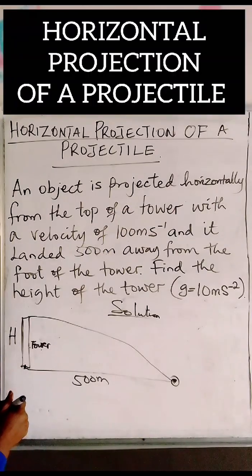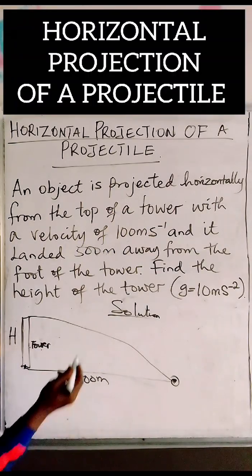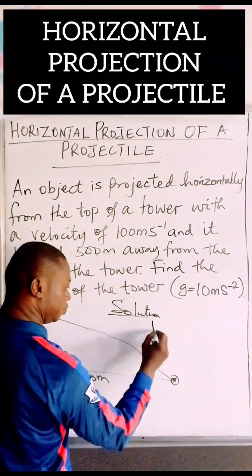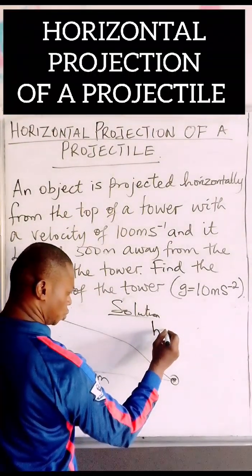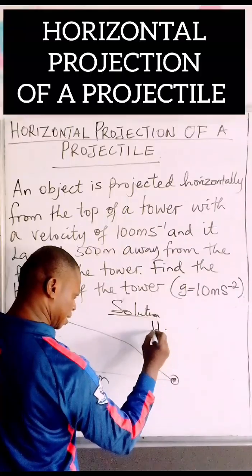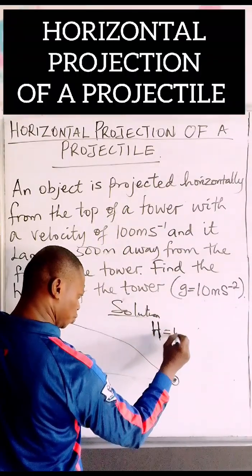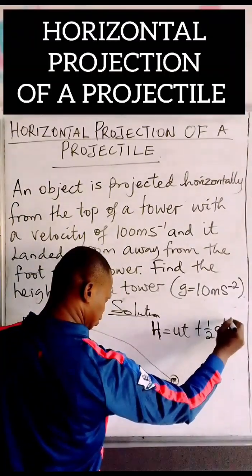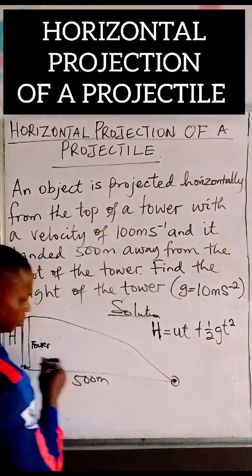So, it's part of motion under gravity that people likely use h equals ut plus half gt squared.